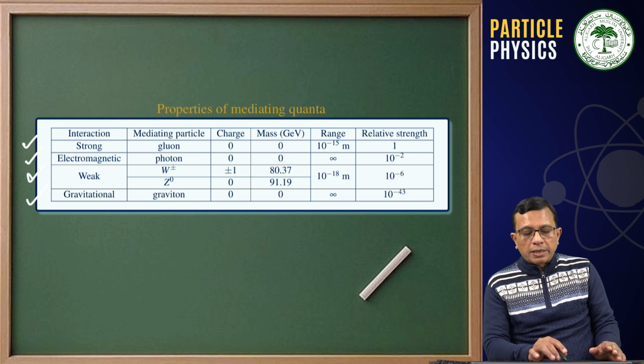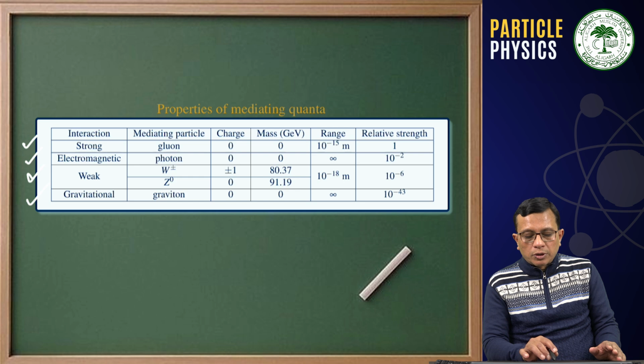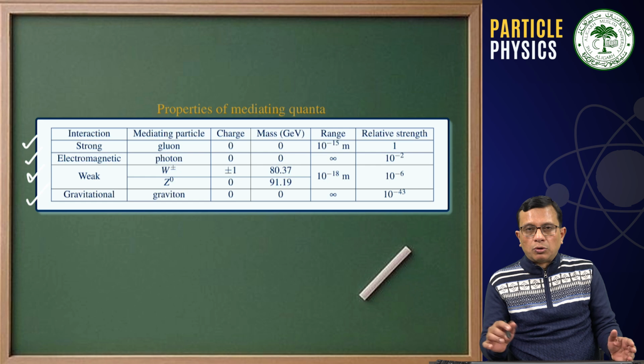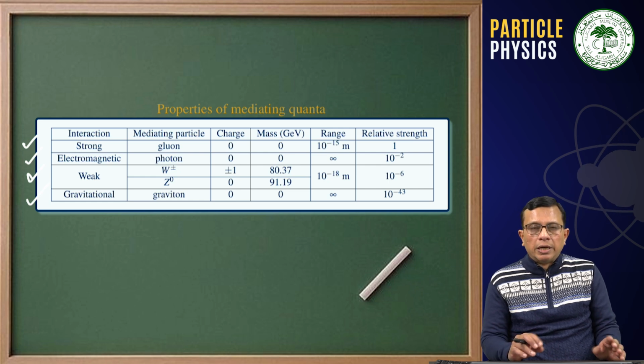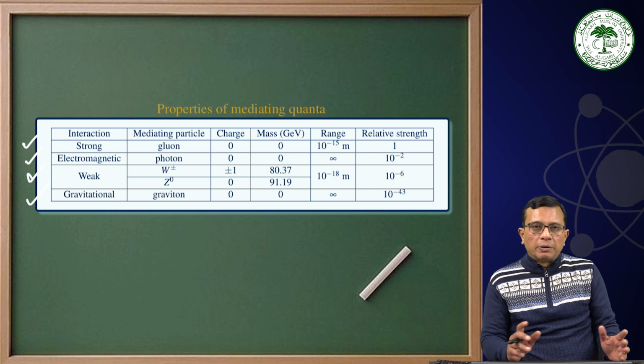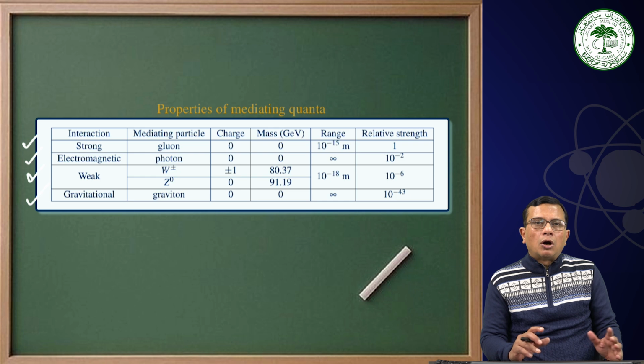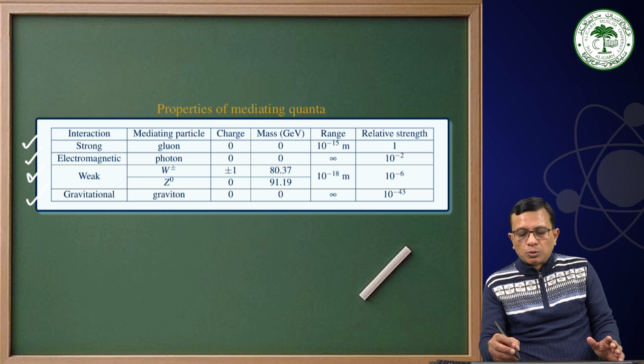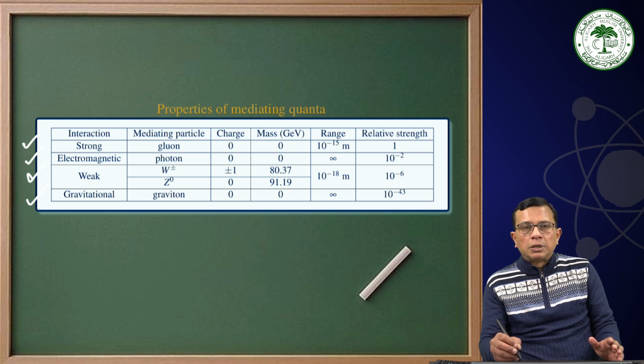Then we have electromagnetic interaction, whose quanta is photon, whose charge is 0, mass is 0, and range is infinite. We know that anywhere in the world, if you have 2 charged particles, there will be either an attraction or repulsion. And the relative strength in comparison to strong interaction is hundreds of orders of magnitude smaller.